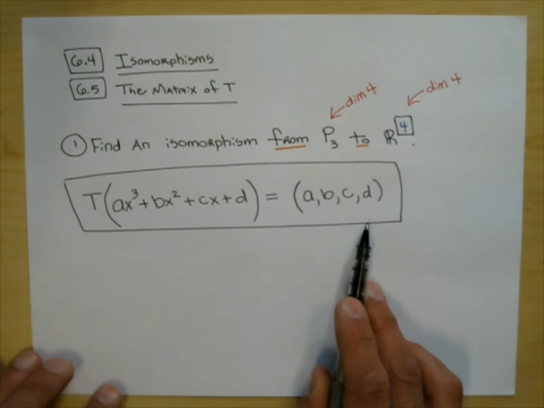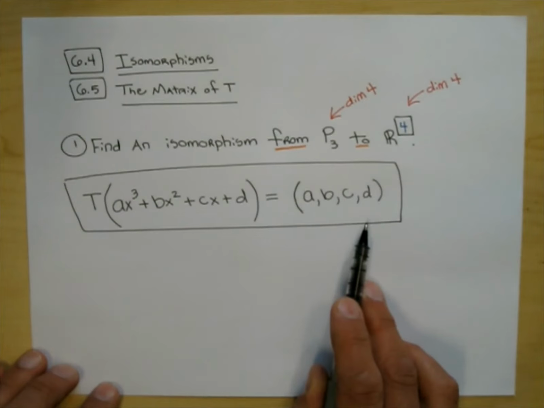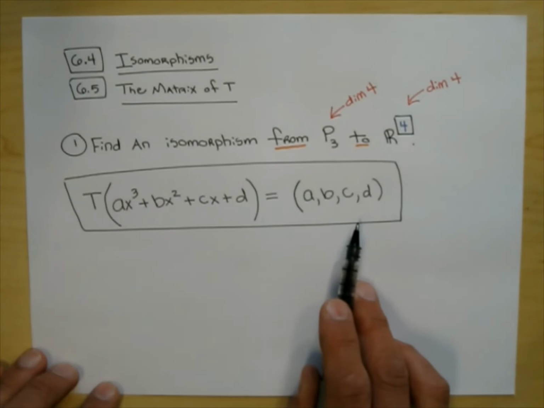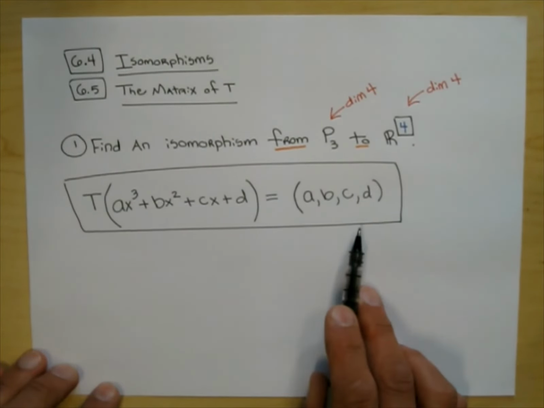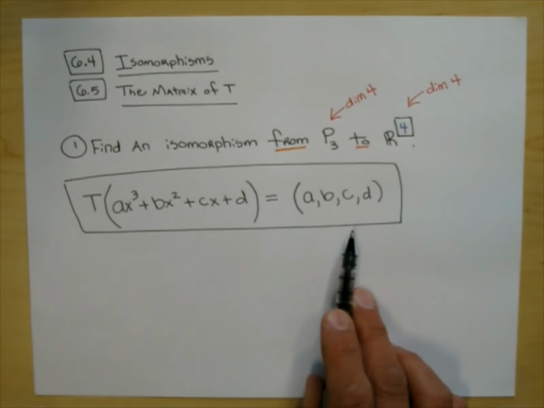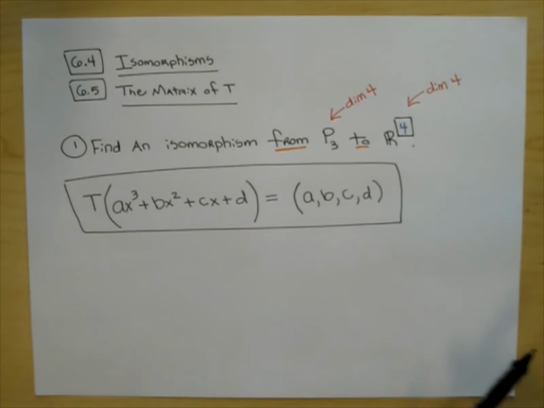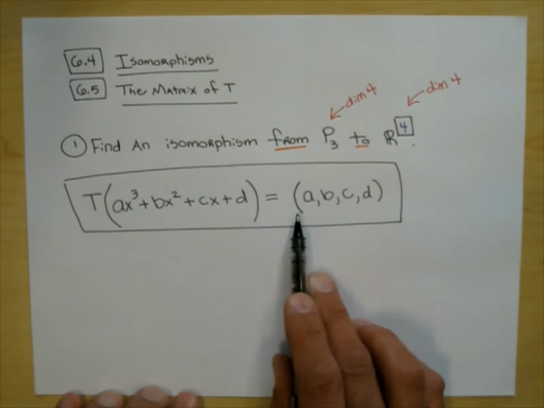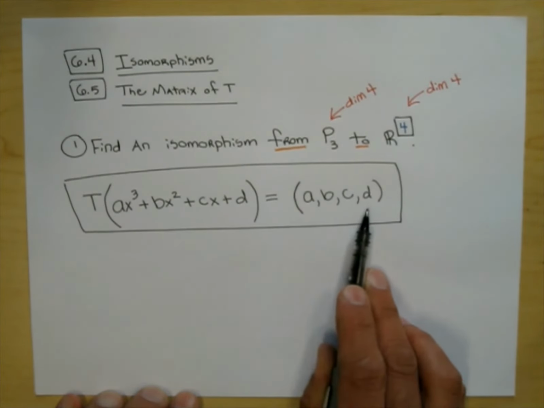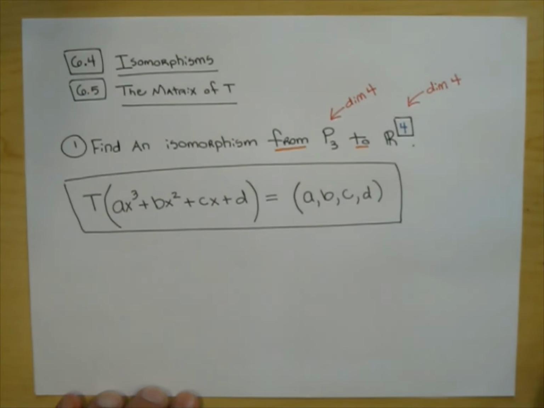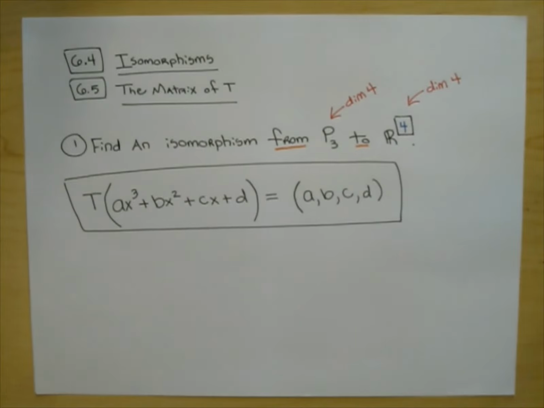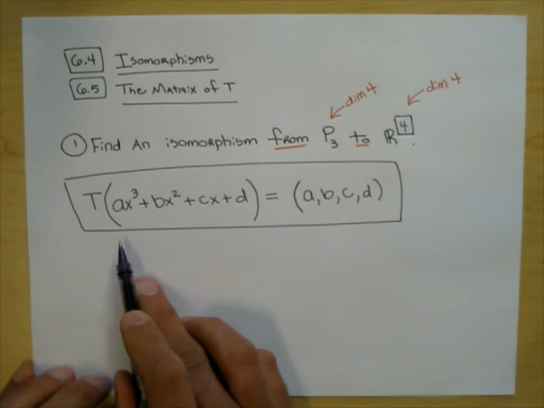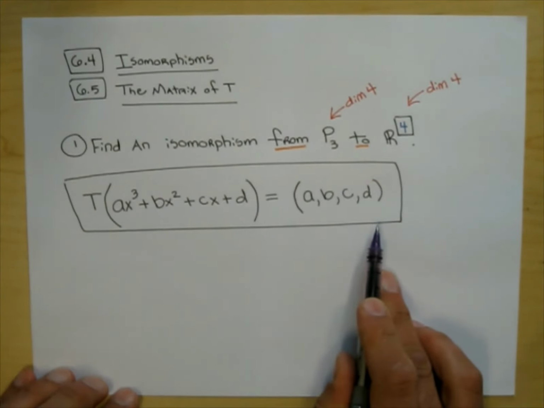Now, how could I show that this thing is one-to-one and onto? We could do this really quickly, but if you pick such an obvious transformation here, you probably don't have to do this, but I'm going to go ahead and show one-to-one. And now how do I show a linear transformation is one-to-one?